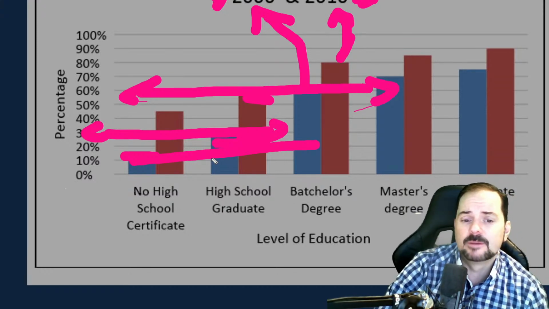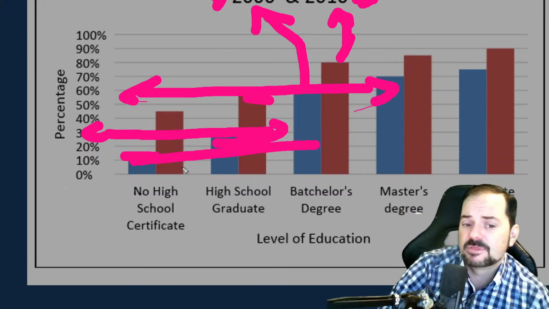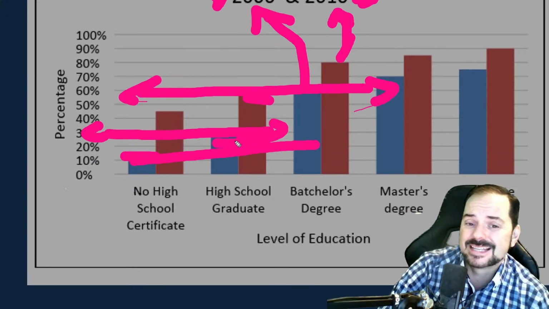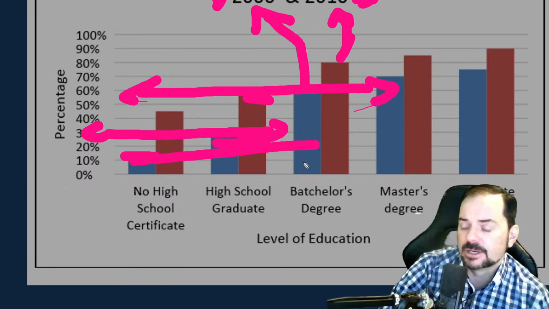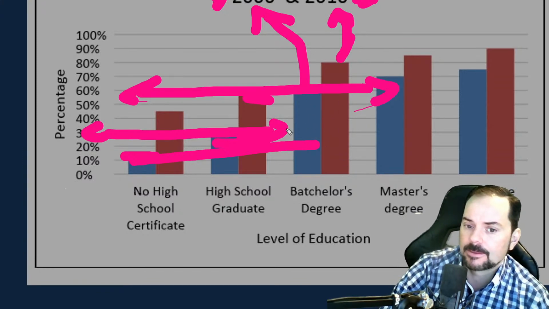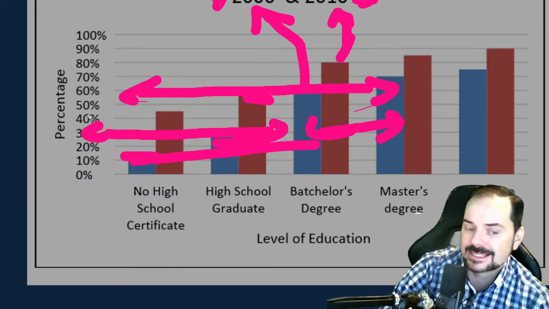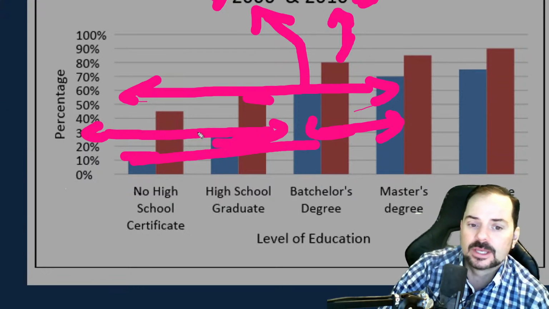So anywhere from, let's say, 35 to 45% less usage in each of these two time periods. Okay? University versus no university education. Does that make sense?